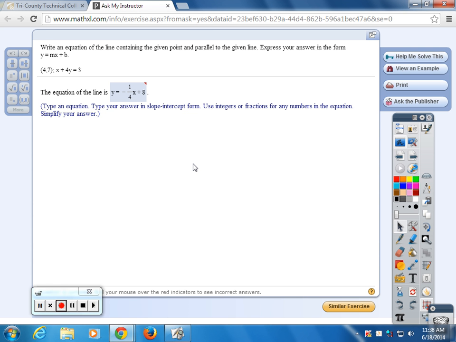They don't give us a point and a slope. They give us a point and an equation. So what do you got to find? The slope, Hubert. That's right. Because it's the point-slope equation.